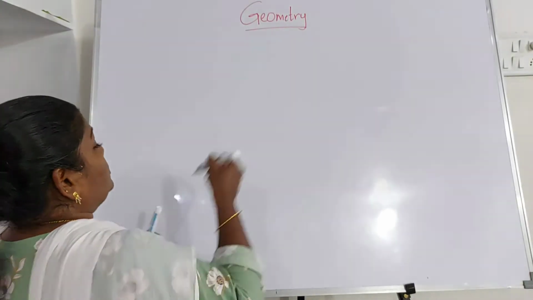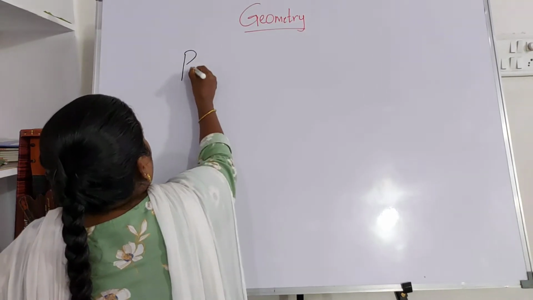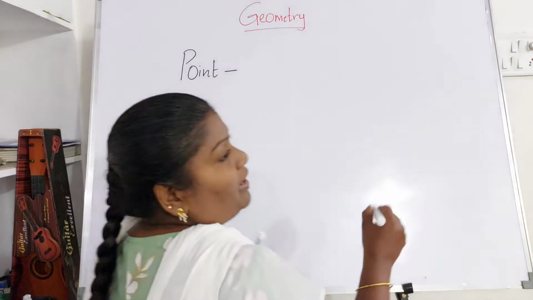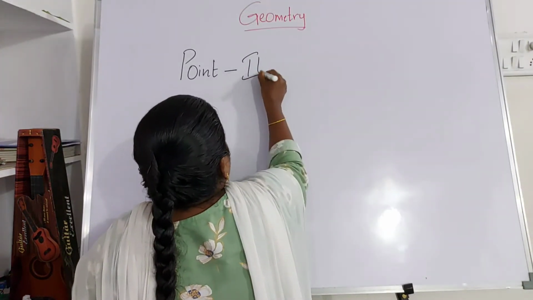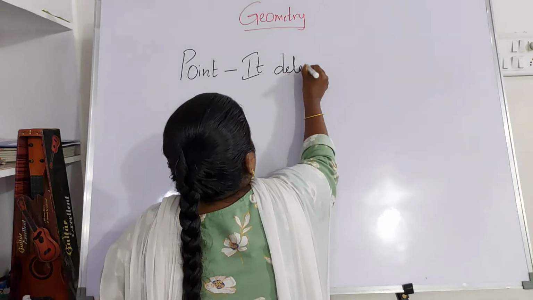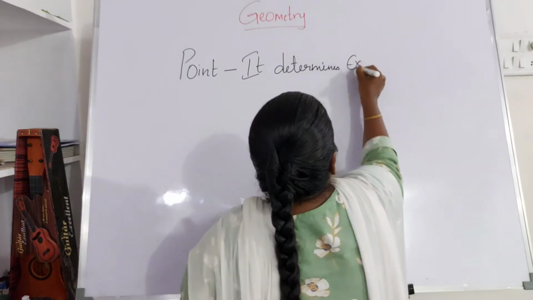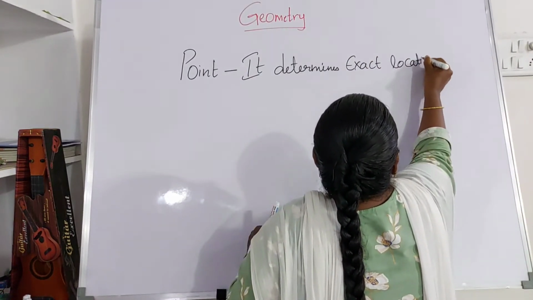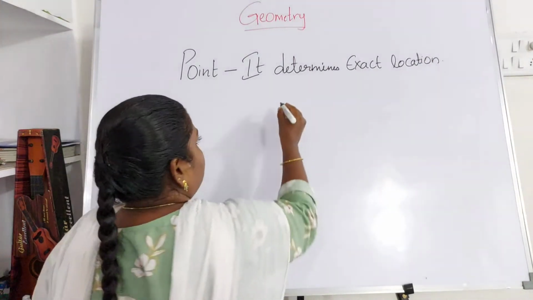So let me start. The basic geometrical figure is point. Now what is a point? Point is nothing but it determines the exact location, and it is denoted by capital letters.